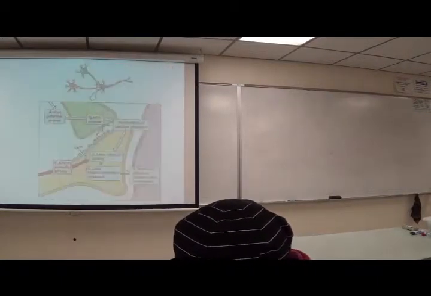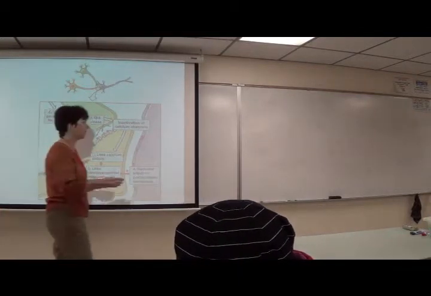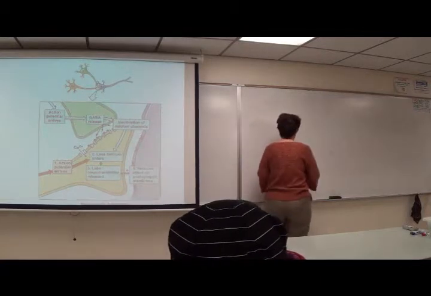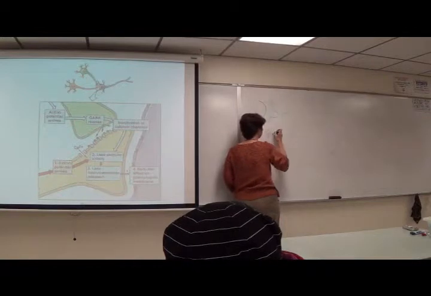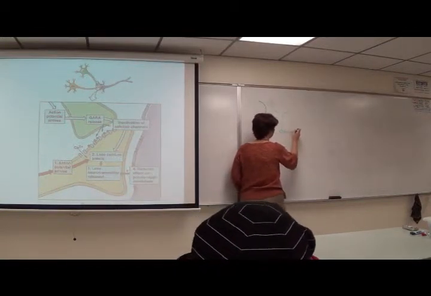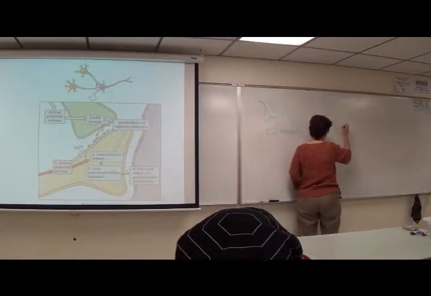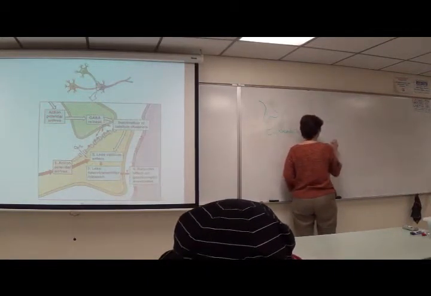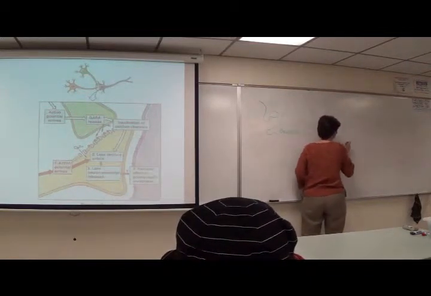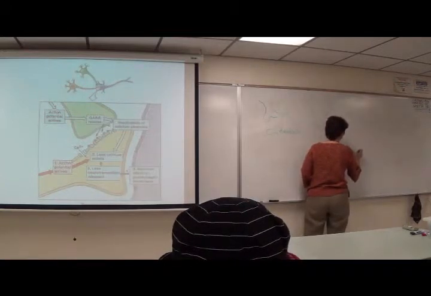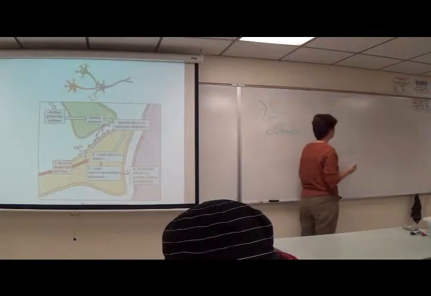Now, occasionally we can have an axon to axon synapse. What we've been talking about typically is an axon to a dendrite, synaptic bouton to a dendrite. What I just showed you was an axon to a synaptic bouton, synaptic bouton to synaptic bouton.